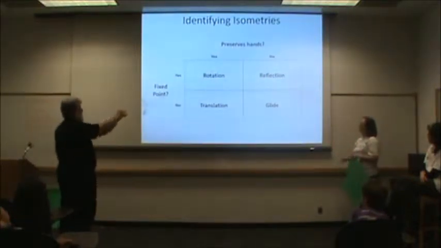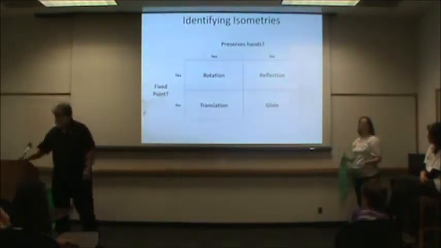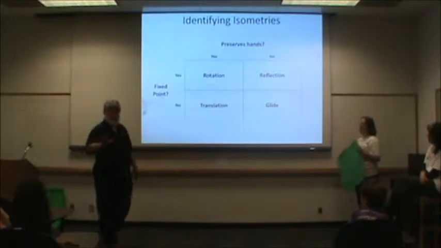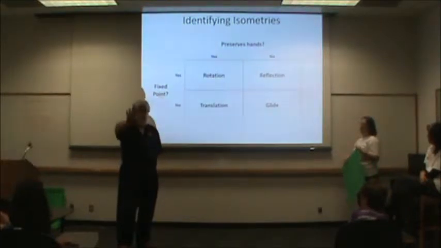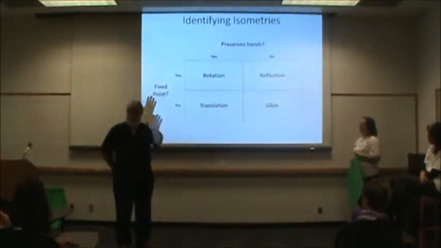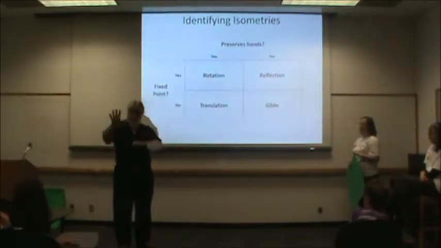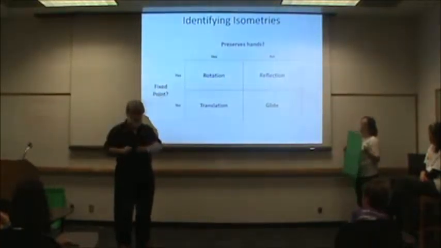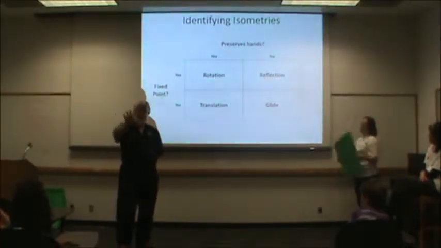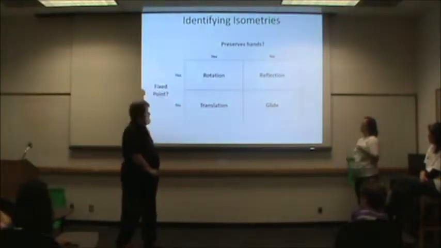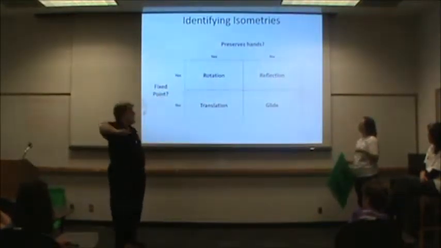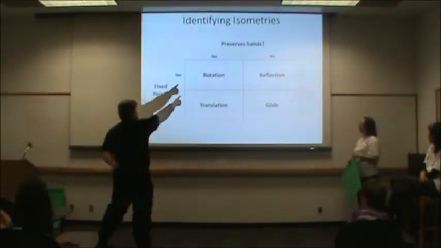If you start at the top, you can ask the question, when I do this symmetry operation, when I have a hand pattern like this, does my hand stay a right hand, or does my hand turn into a left hand? Okay, hands are very important in figuring symmetry. So if your hand stays a hand, you might have done a translation like that, or you might have done a rotation like that, which is why this first comment says yes.